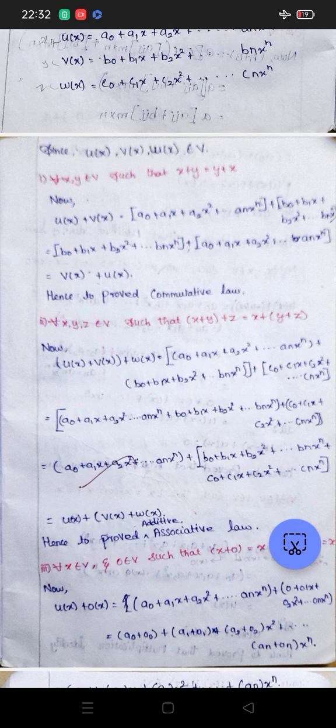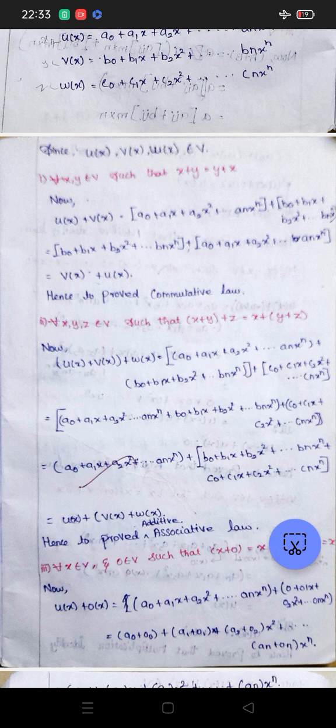So u(x) polynomial is a0 + a1x + etc. + an x^n, and v(x) is b0 + b1x + etc. + bn x^n. You can shuffle these two polynomials.